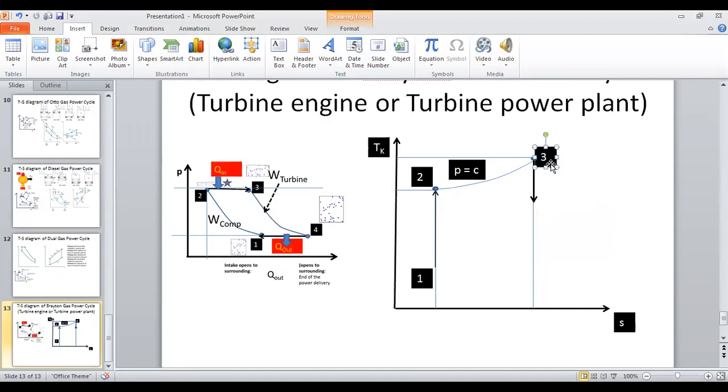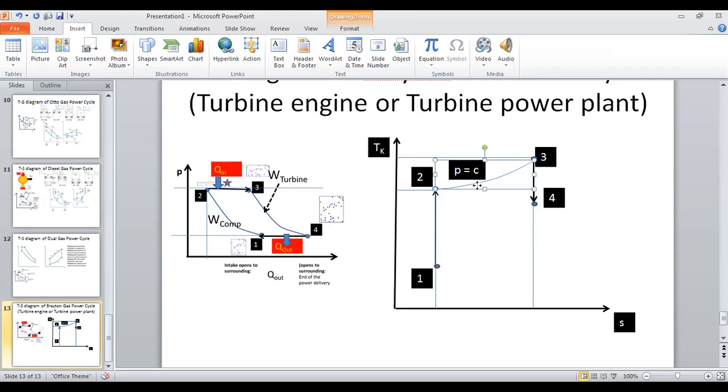So your 4 will be here. Okay, so this is it. Sketch only, just to understand the trend. Understand the trend means you understand this TS diagram. Okay.